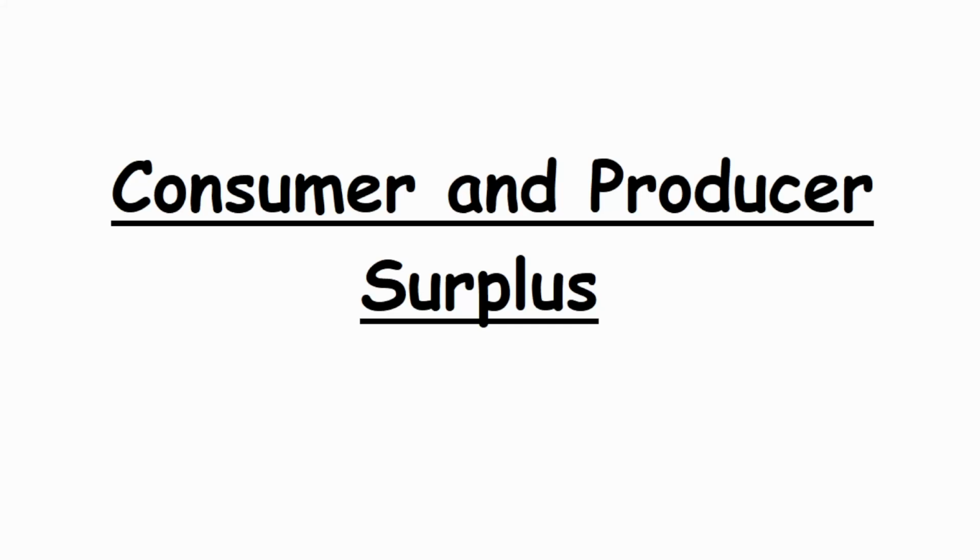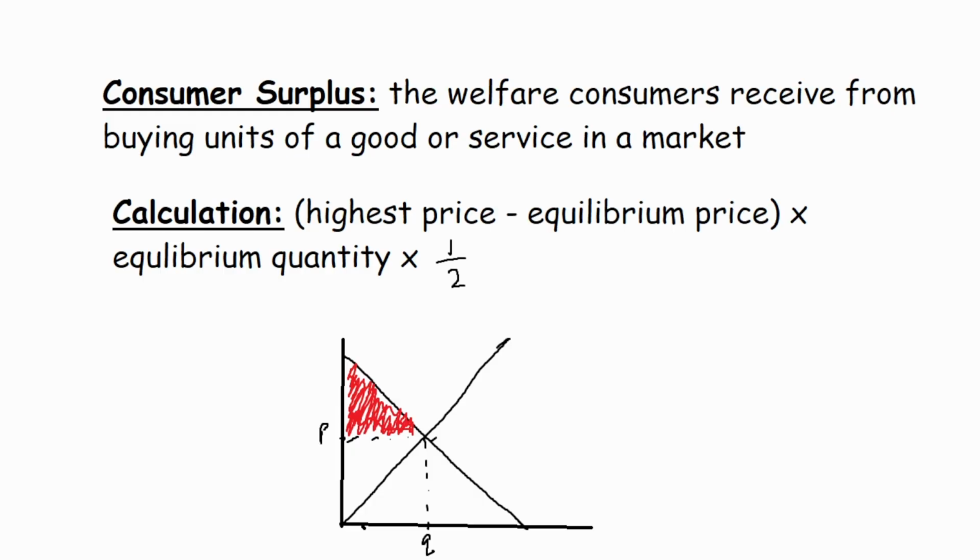Hi everyone, in this video I'm going to discuss what consumer and producer surplus is and how we can calculate these numbers in a market situation. Formally, consumer surplus is the welfare that consumers receive from buying units of a good or service in the market.